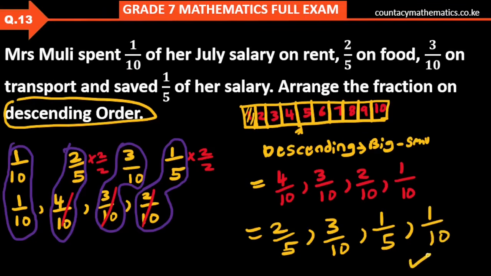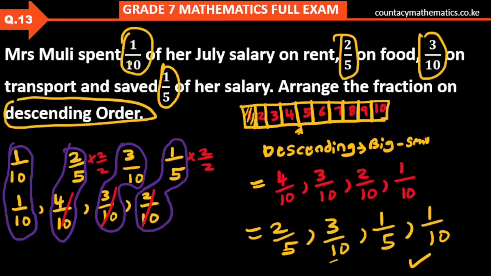To confirm you changed them to the original format, you check: 2/5, does it appear somewhere? Yes, it is there. 3/10 appears here. 1/5 appears there. And 1/10 appears there. You've arranged all of them in descending order, and that is how you tackle that. With that, we can move on to our next question.